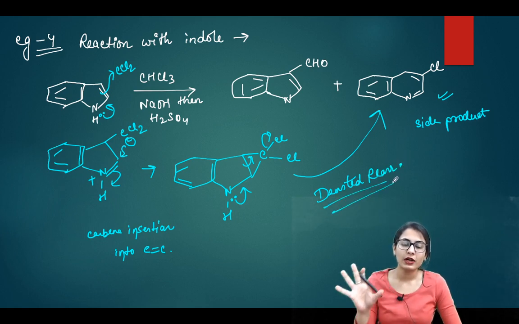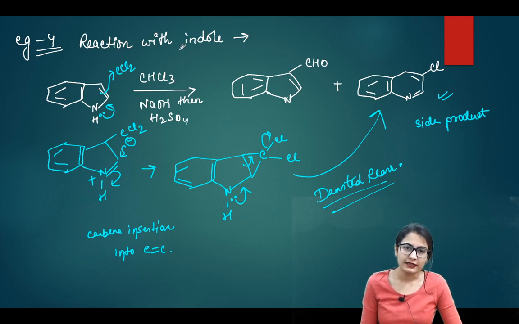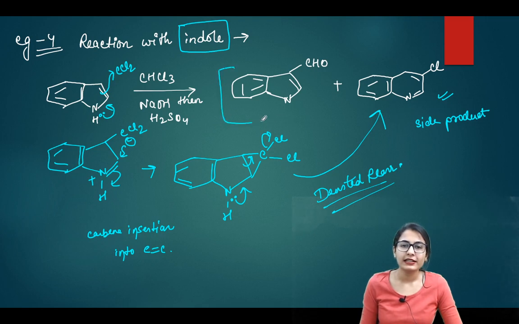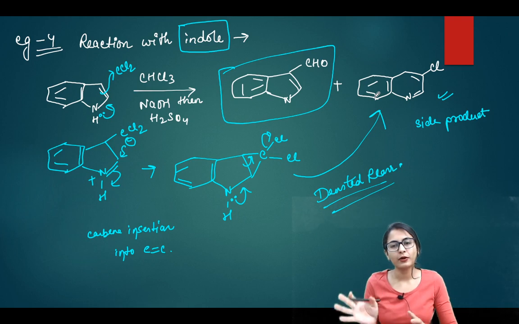So this is also another reaction, and hence when you want to do the Riemer-Tiemann reaction on the indole or on the pyrrole, then what do you get? You are not directly getting your product. This is going to form, but along with this a major side product is also formed. So be careful about it.